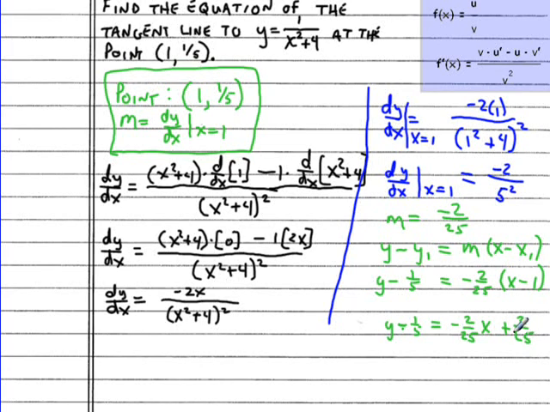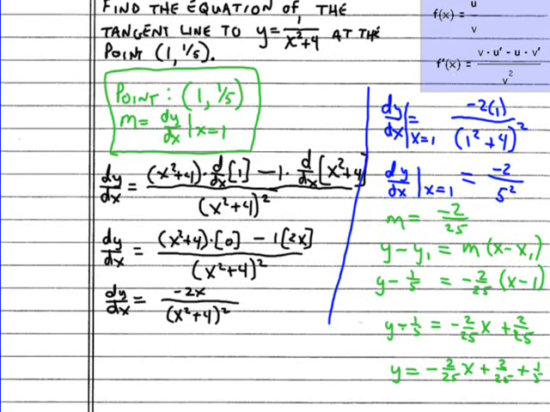Now, then we would add a 1/5 to both sides, of course, so we'd have y is equal to negative 2 over 25 times x plus 2 over 25 that was originally there, plus the 1/5 that we're adding on both sides.